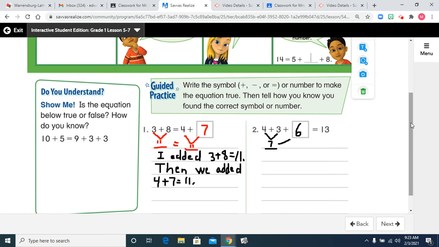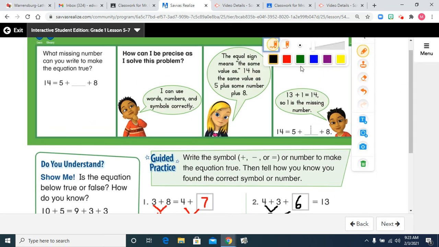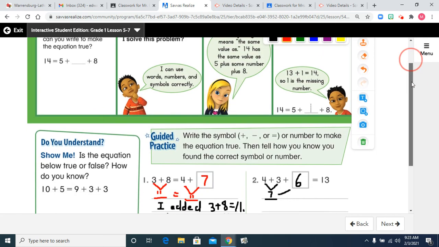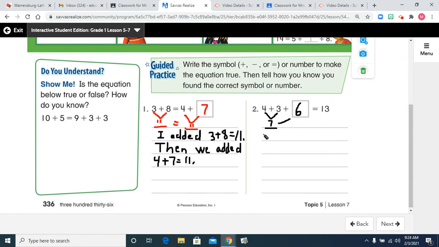Okay, so let's write an explanation of what we did. So what do we add first? I added 4 plus 3 equals 7, period. Don't forget your periods. Then, what do we do?